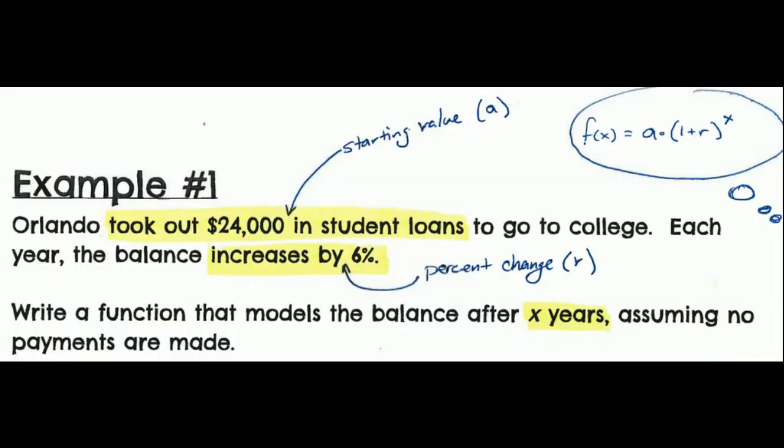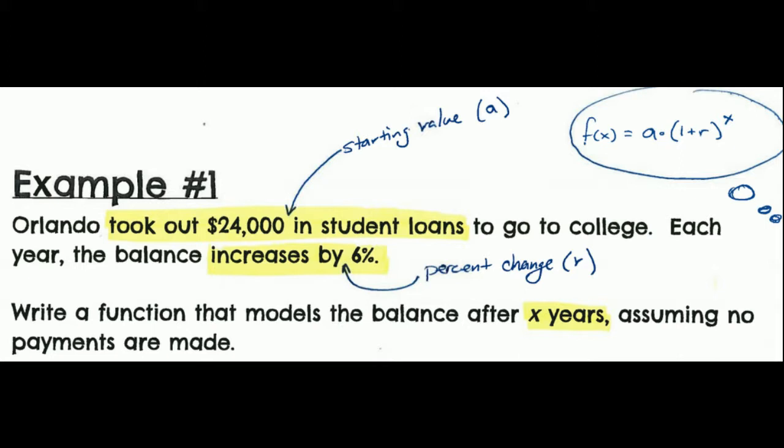So here's the first example. Orlando took out $24,000 in student loans to go to college, and each year the balance is going to increase by 6%. So the first thing I want to do is write a function that models the balance after x years, assuming he's not making any payments, and so he's not reducing his loan at all.